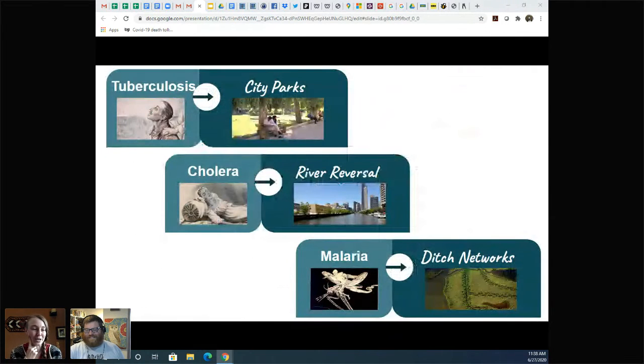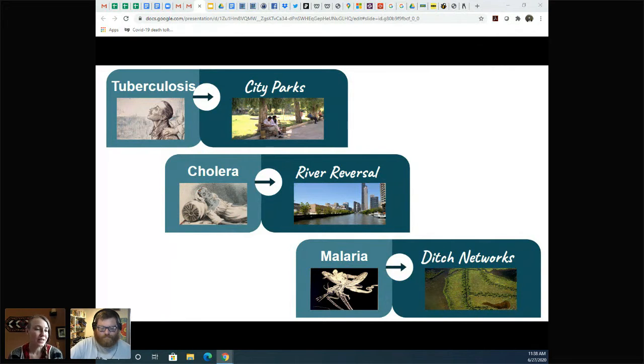So we're going to break this down into 3 examples that we thought were really great for showing how a particular disease resulted in a particular urban environment change.